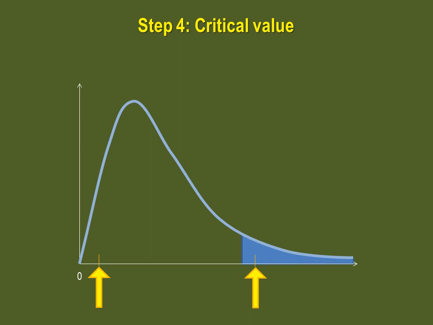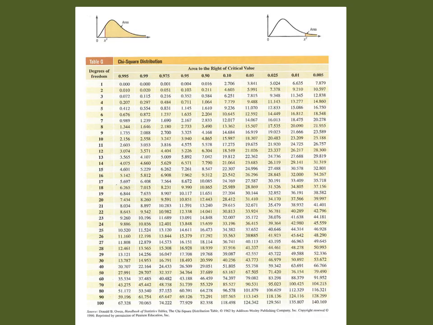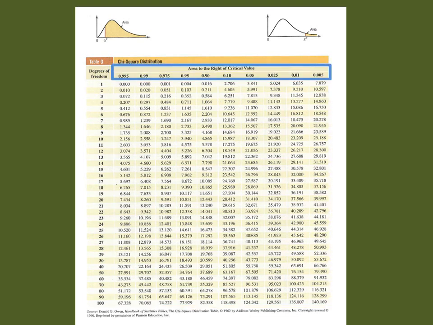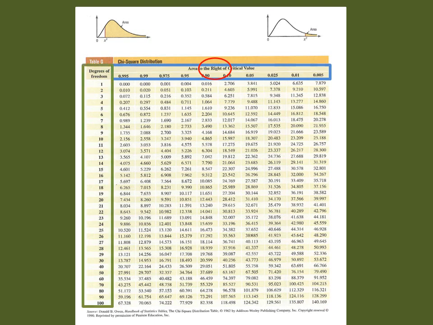But how do we determine this critical value? We must refer to the chi-square table. The chi-square table is a bit different than the other tables we have seen, so let's take a few moments to go through it. Just like the t-table, the values in the red rectangle here indicate the critical chi-square values. Each one of these values refers to a specific area to the right of the critical value and to a specific degree of freedom.